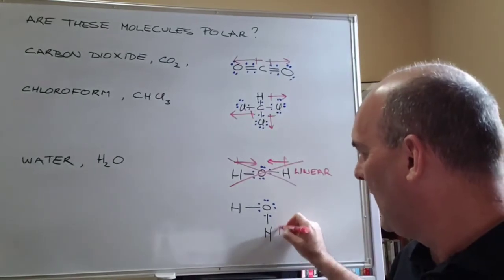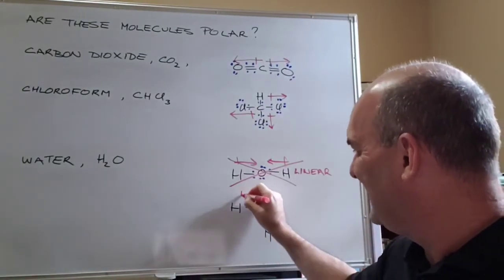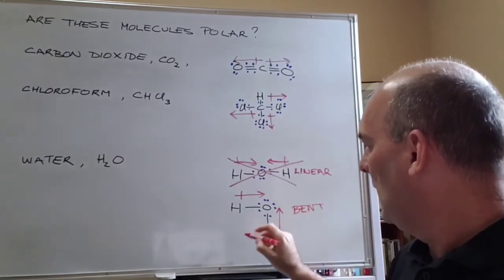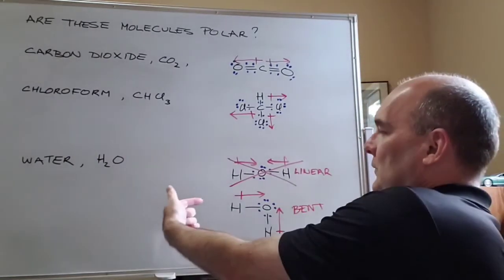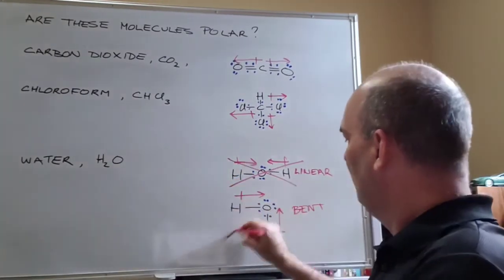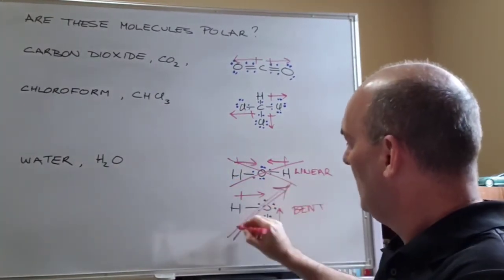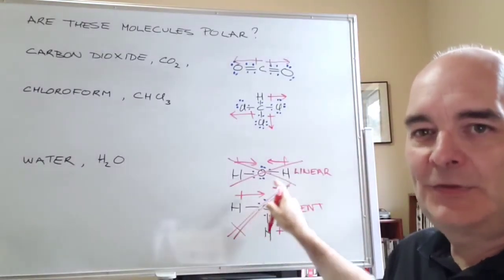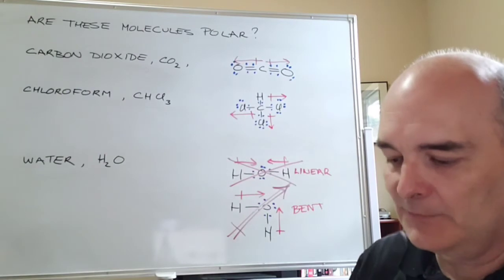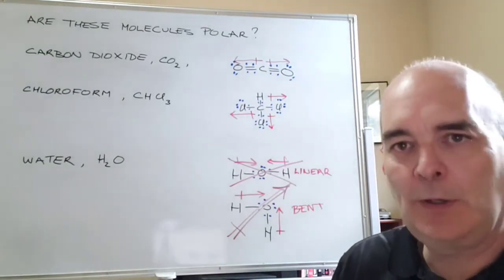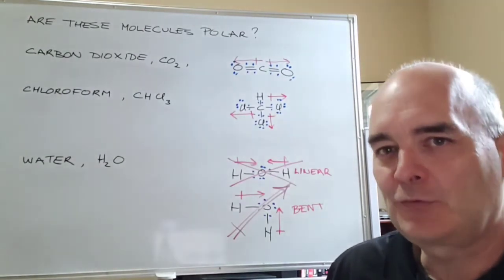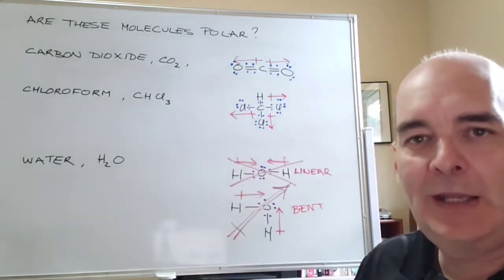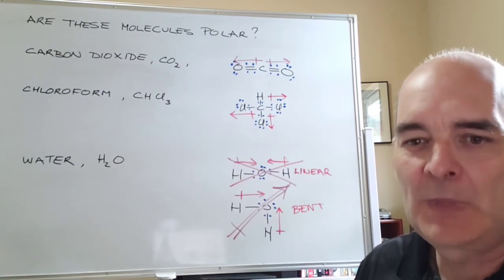Water is, in fact, bent in geometry, and that means that these 2 forces result in a net dipole that passes through the molecule at a diagonal. Water is indeed polar. So there's something about 3 dimensions that we cannot grasp by looking at a 2-dimensional structure.